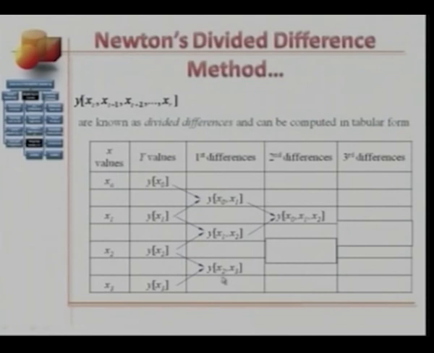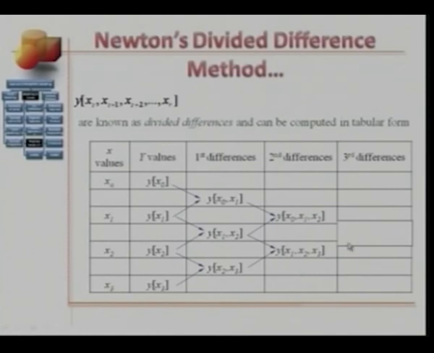This would be y of x2, x3 minus y of x1, x2 over x3 minus x1. Once again, I have skipped x2 here and considered the limits of this larger interval. And this will be denoted as per our convention by y of x1, x2 and x3.